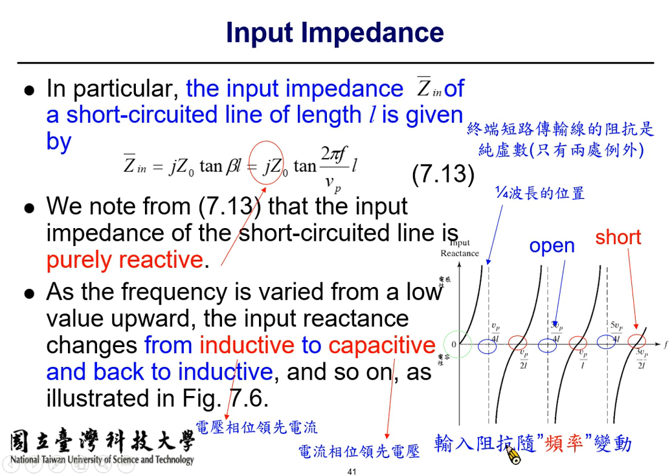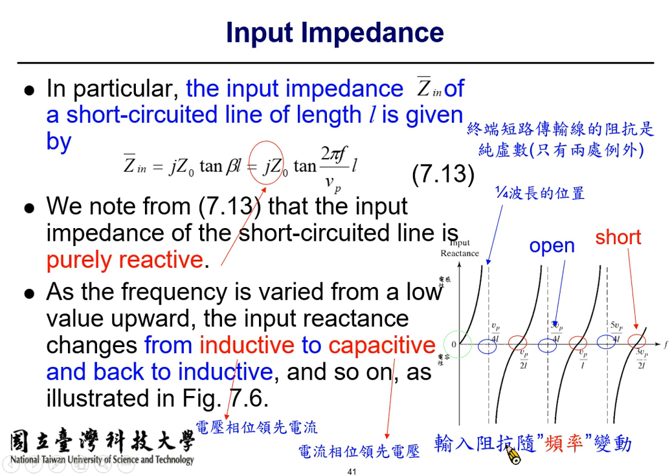It's a short terminating line. So if you move from here, the input impedance is 0. If you go from a certain distance, I mean quarter wavelengths away from the short termination, you end up with an open circuit.